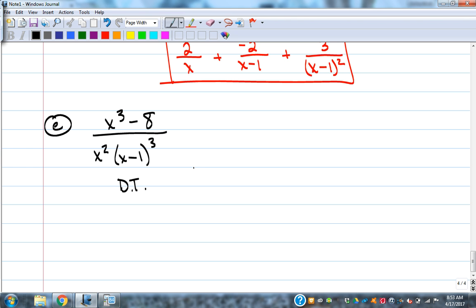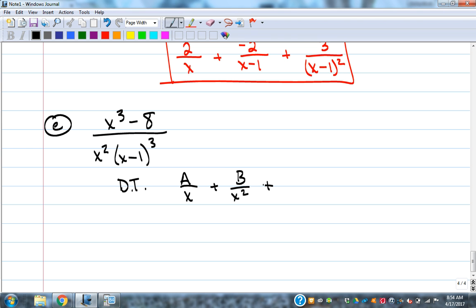So we got x squared, but that's really x happening how many times? Twice. So we're going to build it up. A over x, B over x squared. And then we got x minus 1, which is what kind of factor?